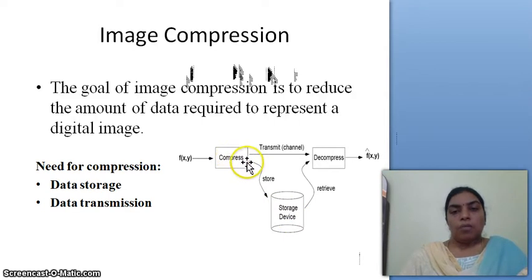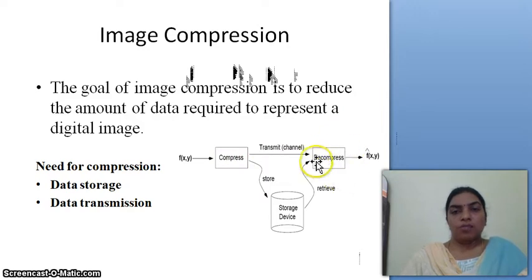And after compression, I transmit the image. This one is the transmitter, this one is the receiver.